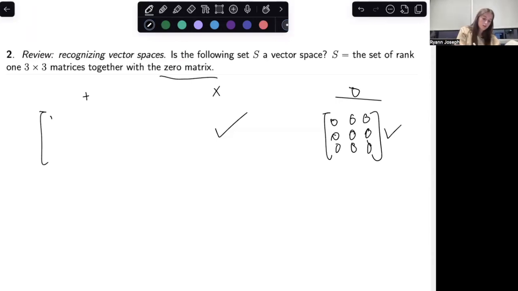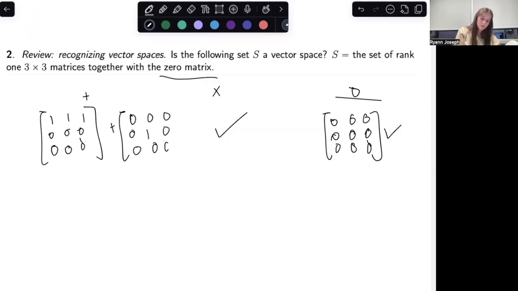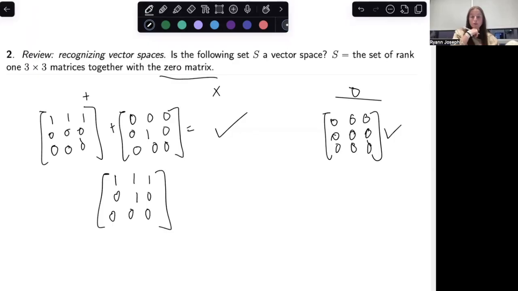So you could have this be a matrix, and you could also have this be a matrix. These are both rank 1 3 by 3 matrices. If I add them together, it's not going to be a rank 1 matrix. So yes, this is not a vector space.